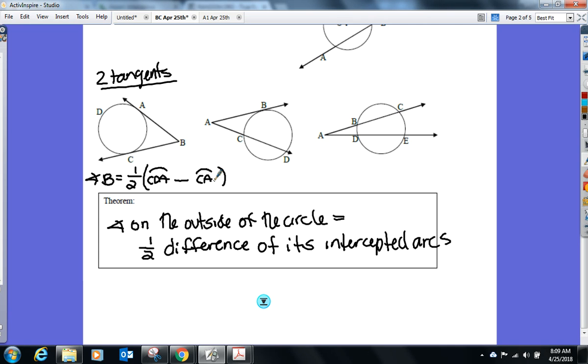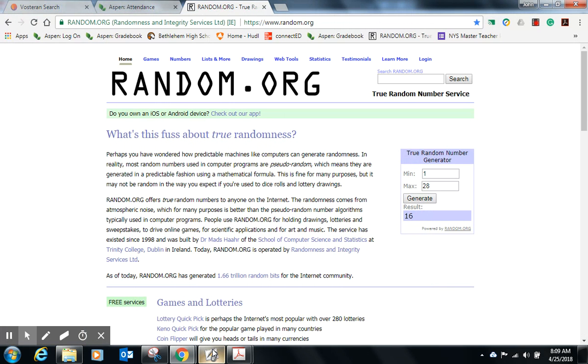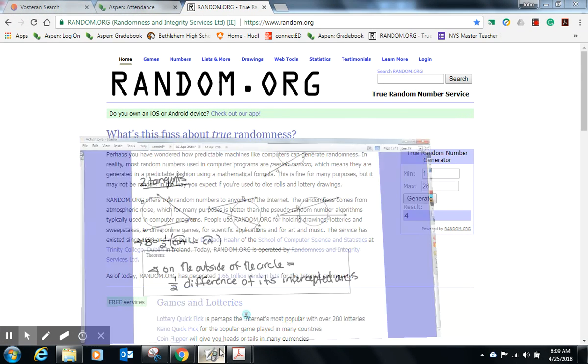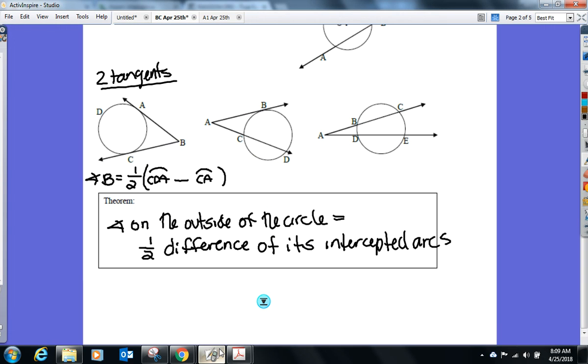Next one, how is angle A formed? A what and a what form angle A? What's this and what's this? Tangent, and this is a chord, but now that I extend it, it's a line now.